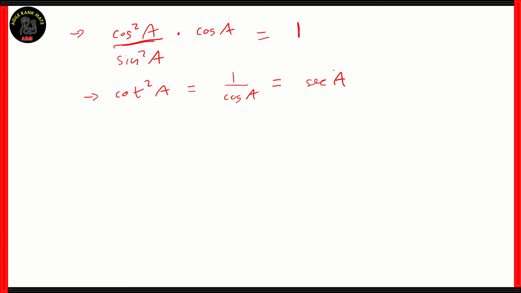So now that we know that cot squared A is equal to sec A, we are going to square both sides. Now when we square both sides, we get cot raised to 4A on the left-hand side and sec squared A on the right-hand side.